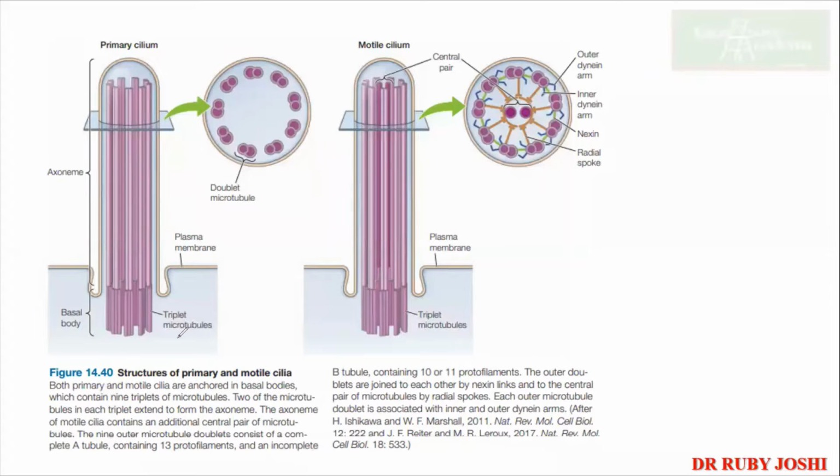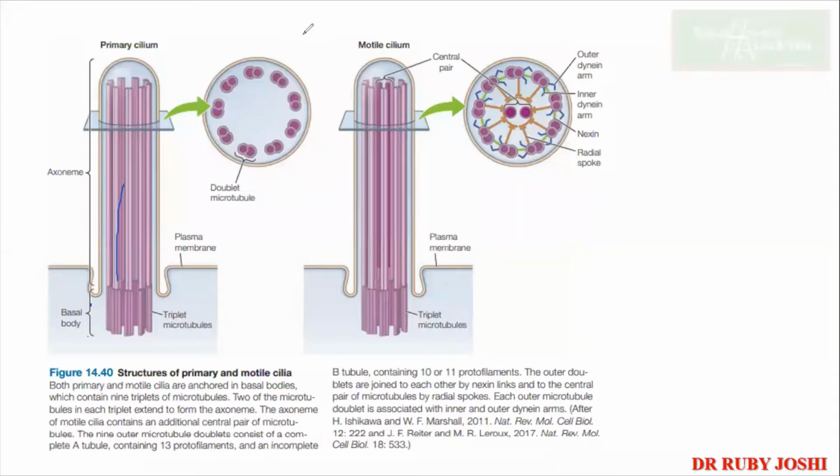Okay. Now let's come over here. So here we have got the basal body. Now from the basal body your microtubules are extending like this. One second. Okay. So these are the microtubules which are extended like this.